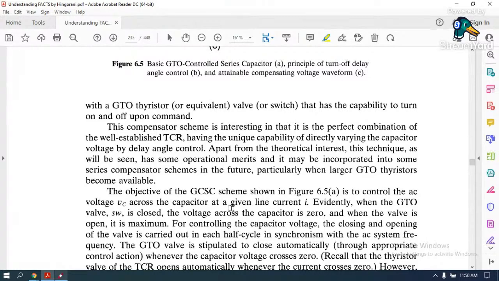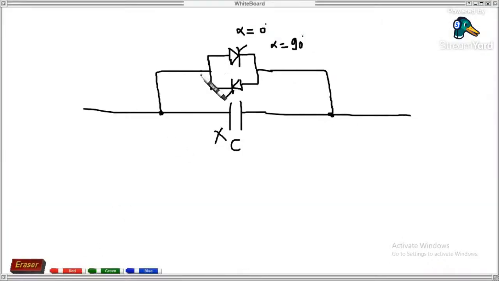Obviously, correct? At a given line current, I is equal to VC upon XC. When the GTO valve SW is closed, it means it is short circuited.